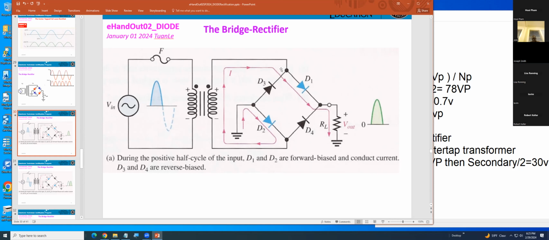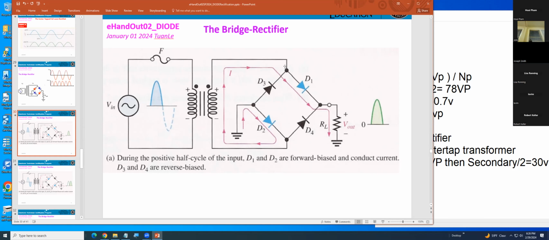However, remember, if you get 50 volt on this side, what on this side? They have to be minus 50, correct? Minus, yeah. The thing is, here is not center tap, so this side positive, this side has to be negative. Now if you get positive here, 50, what diode on?